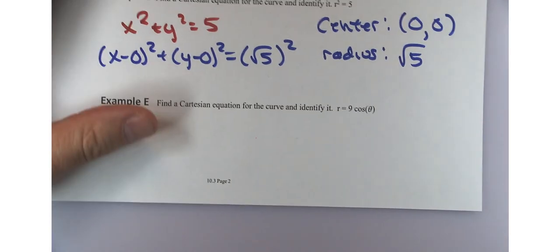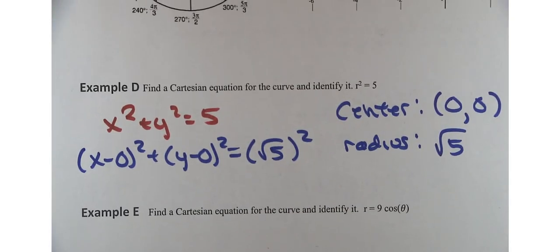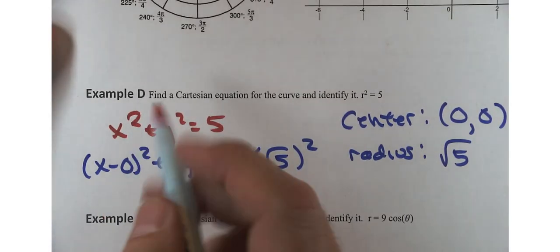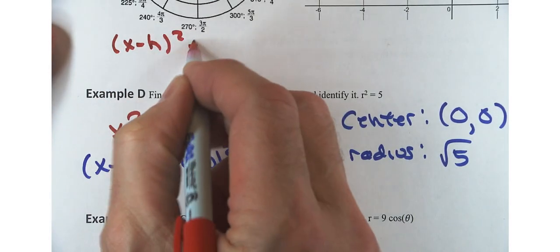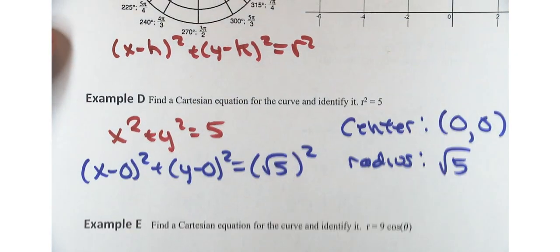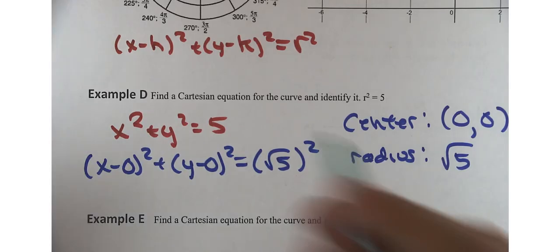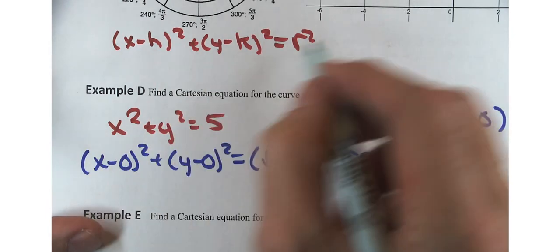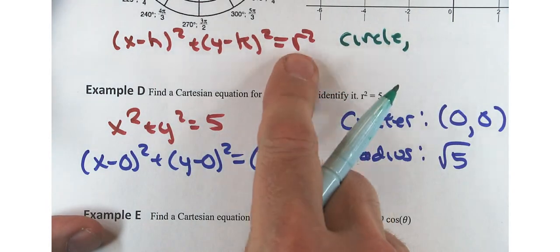And I guess maybe what I can add here for us in general for example D is x minus h squared plus y minus k squared equals r squared. That's the general equation of a circle. And let's note a couple things about that circle. The radius is going to be the square root of that.